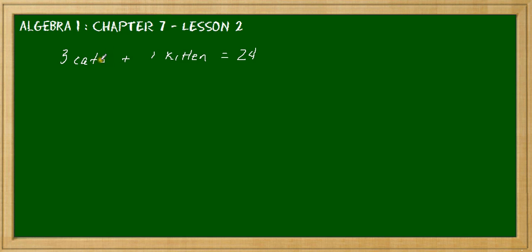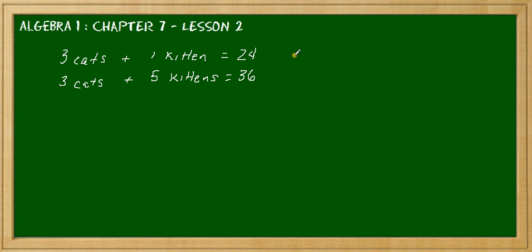And in the other one, we know that 3 cats plus 5 kittens is equal to 36. Okay, so you can see that these really are simple equations.